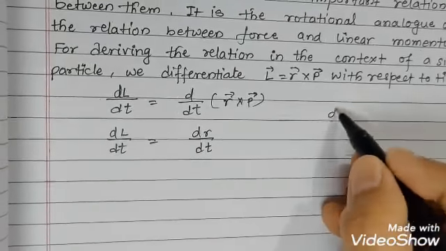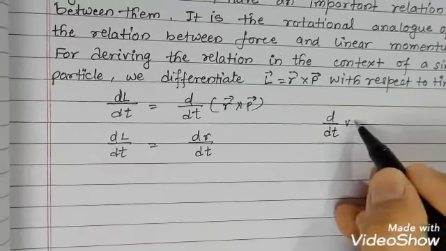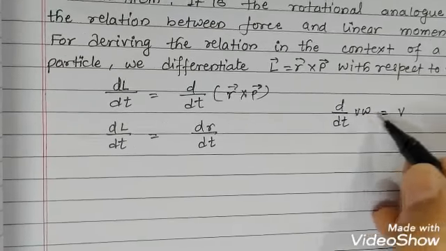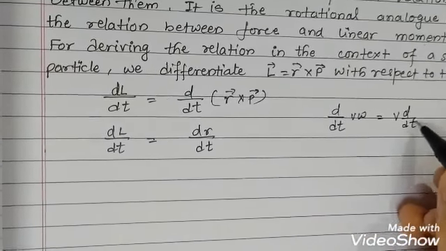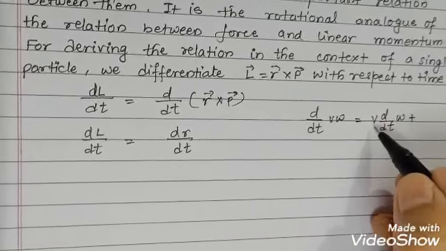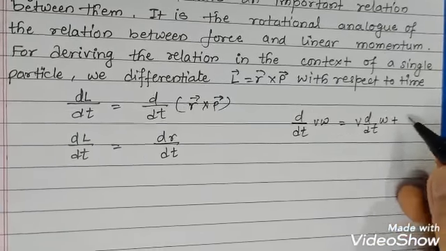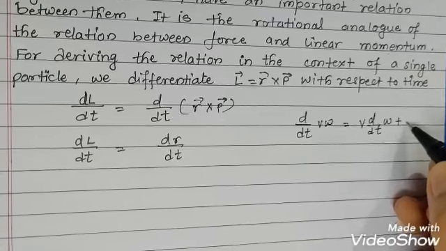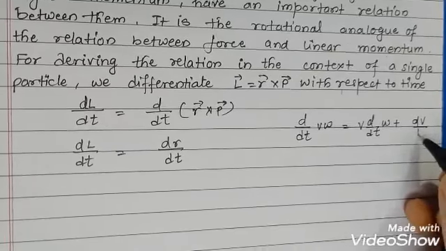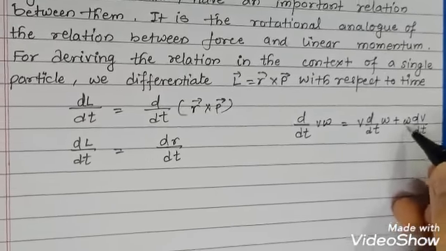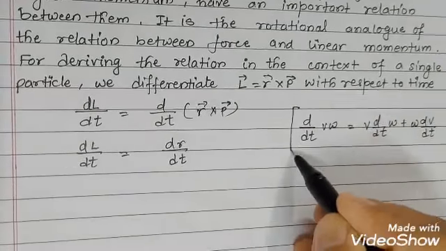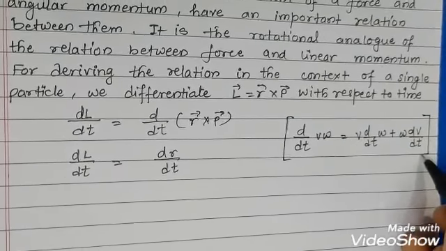As I told you, I have given the formula in the mathematical tools: d upon dt of vw. First we take the differentiation of one physical quantity while the other physical quantity remains as it is, then the sum, after that the differentiation of the other physical quantity, that is dv upon dt, while the first quantity remains as it is.